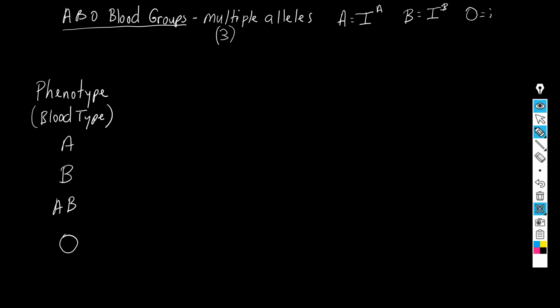This is something you probably already knew, but you can have type A blood, type B blood, blood type AB, or blood type O. So what we want to establish for these different blood types are the homozygous genotypes.